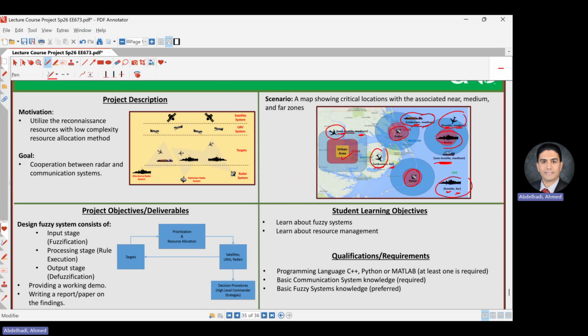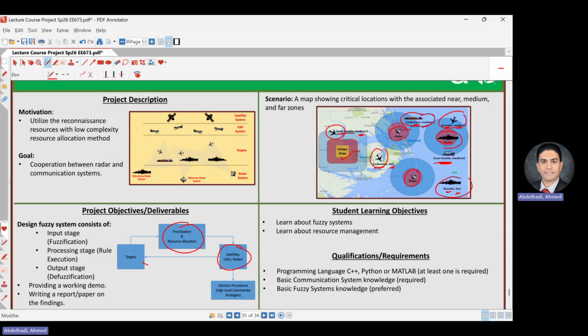So in that scenario, where you're trying to do some reconnaissance, you can actually have that type of system. You have a target, you have some sensors like satellite, UAVs, and radar, and these are going to track the target. The input that you have goes into the fuzzy system, which gives priority.